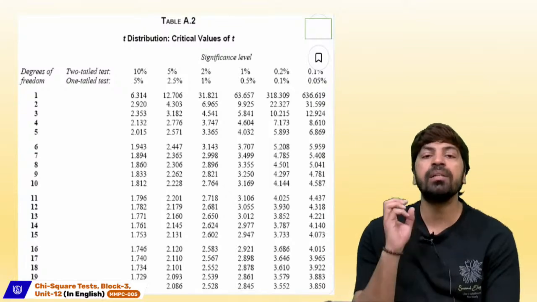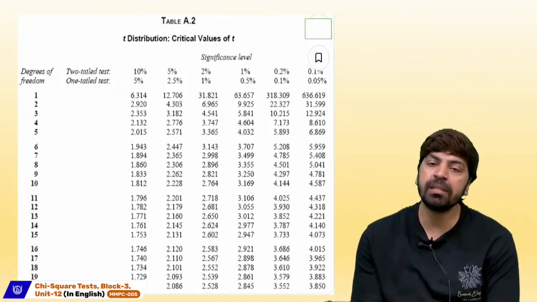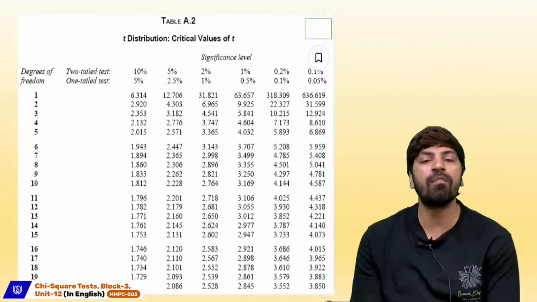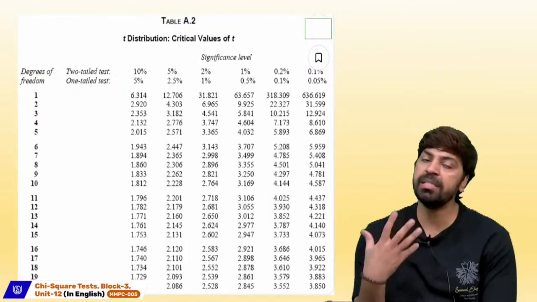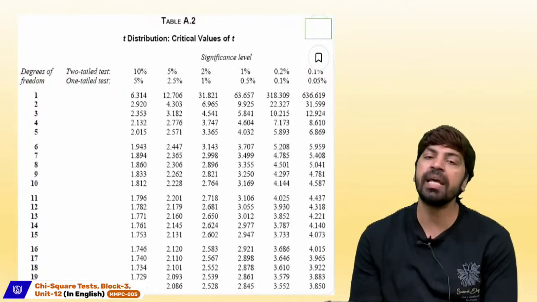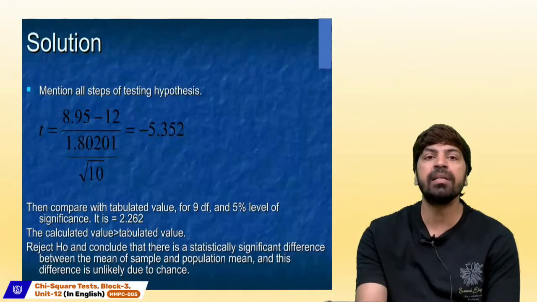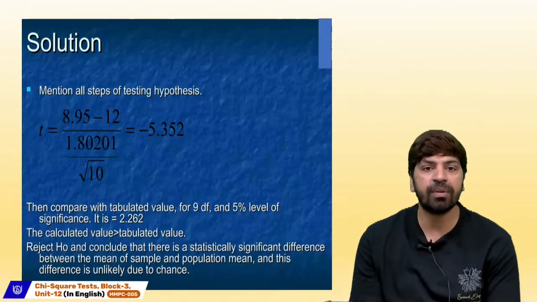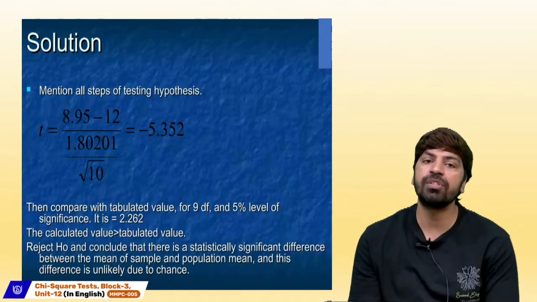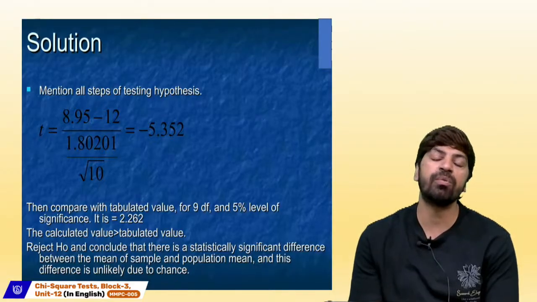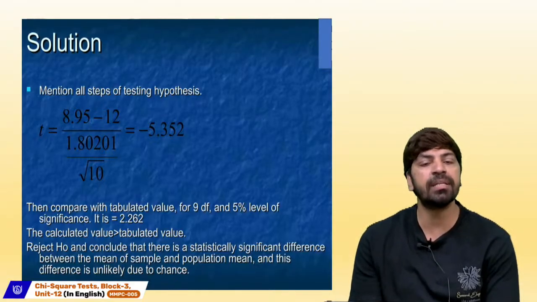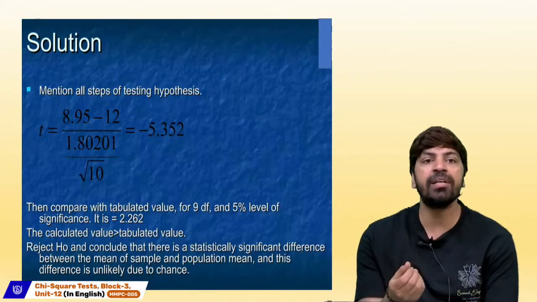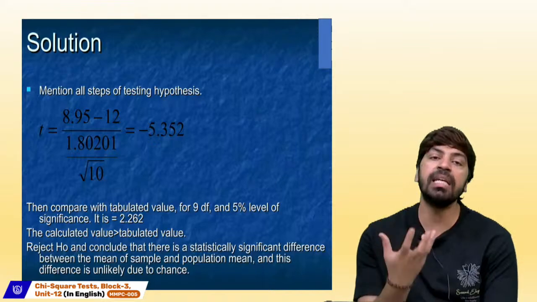That means there is a statistically significant difference between the means of the variables. In this particular question it has been shown that the t calculated value is 5.352 and the table value is 2.262. What is the t calculated value?